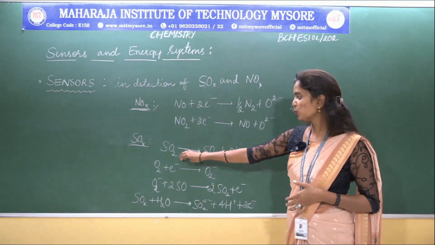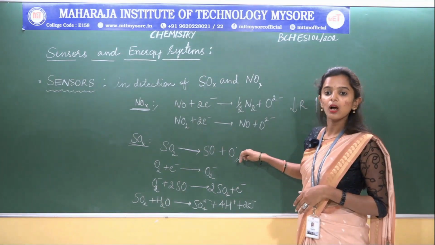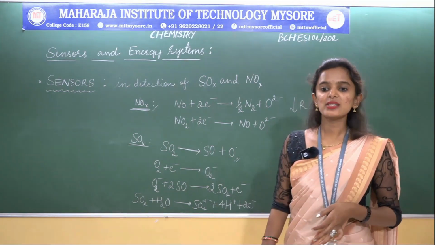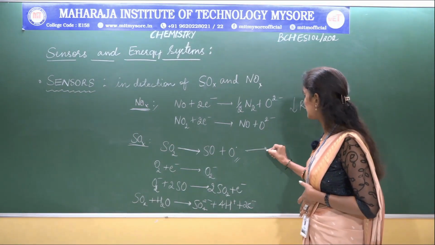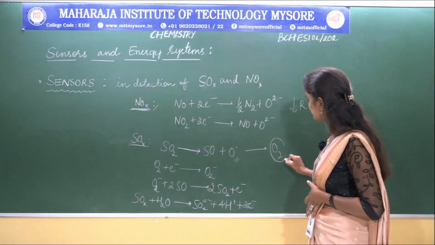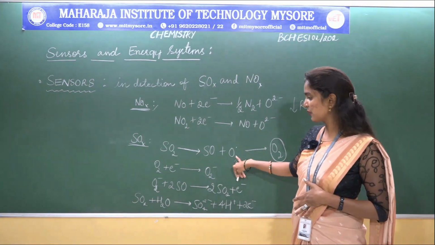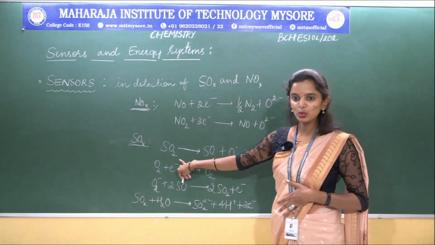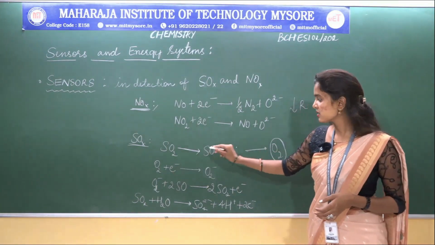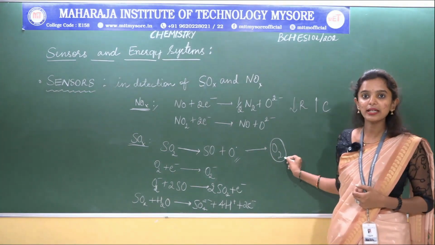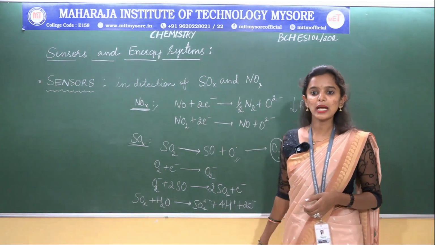Your SO2 oxidizes to form oxygen free radical, and it also converts this oxygen free radical into molecular oxygen. So SO plus oxygen free radical is obtained when SO2 gas is oxidized, whereas this oxygen free radical is converted into molecular oxygen. Then what happens?